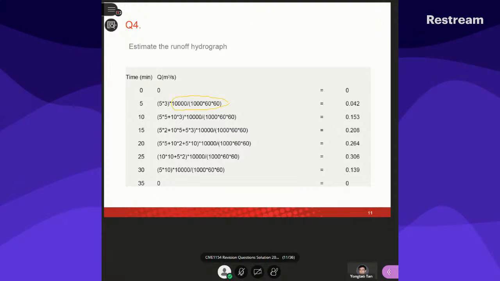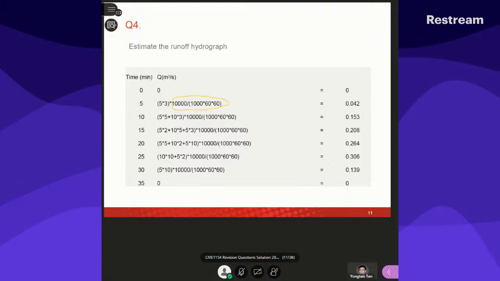So for time 5 minutes, the intensity is 5 and the contributing area is 3 hectares, so we can get the total runoff to the outlet. For time 10, there are 2 contributing areas, 3 hectares and 5 hectares. For A1, the intensity is 10, and for A2, the intensity is 5.